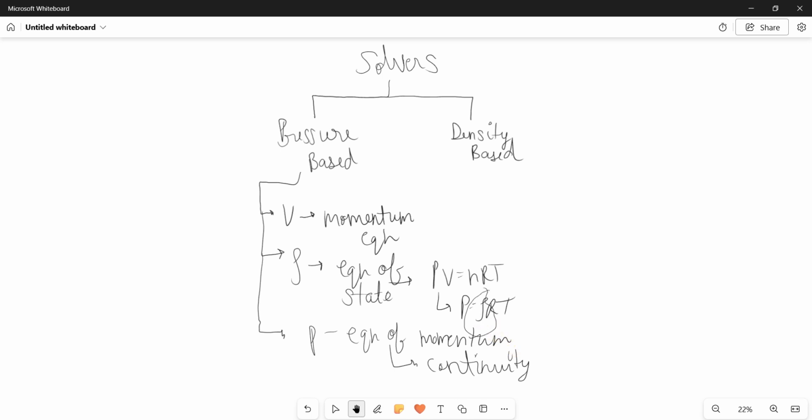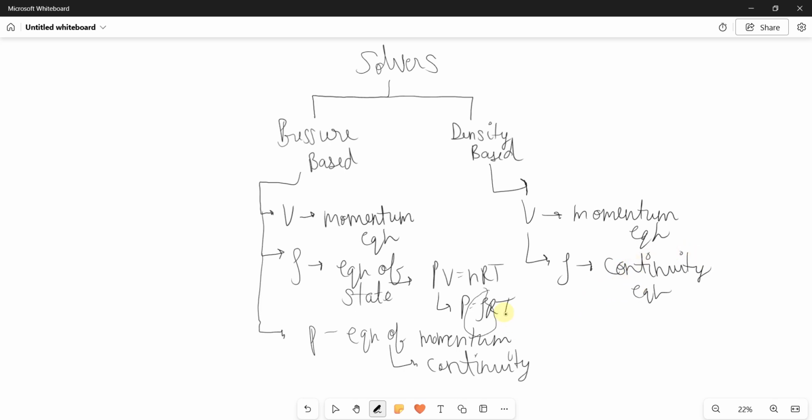We will check in detail how exactly that works when I cover pressure-based separately. In density-based, it's almost the same: your V comes from the momentum equation, but here your density rho comes from the continuity equation and not the equation of state. Now there's a very logical reason for this.